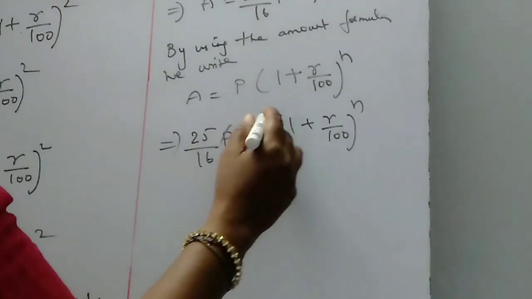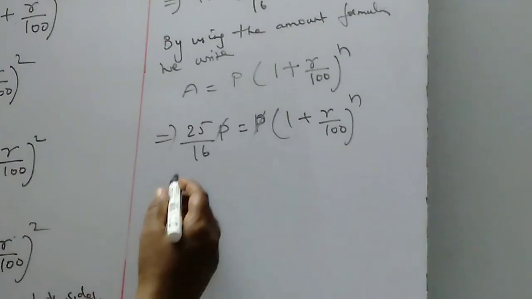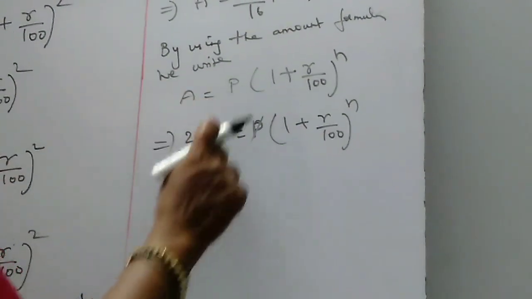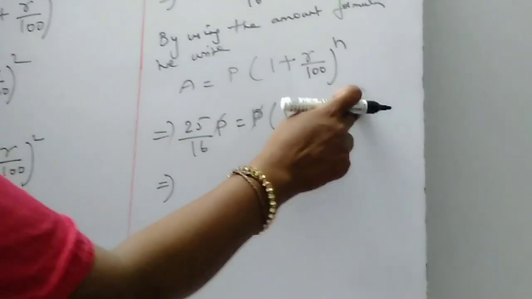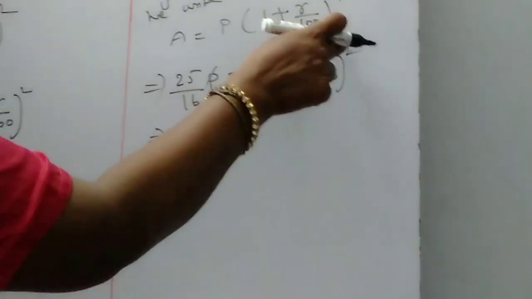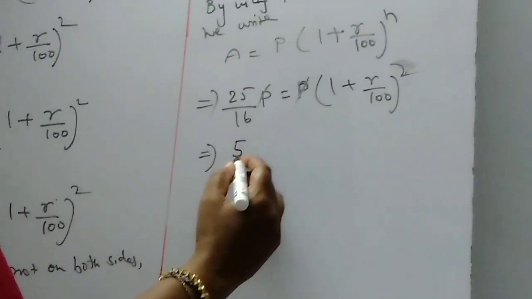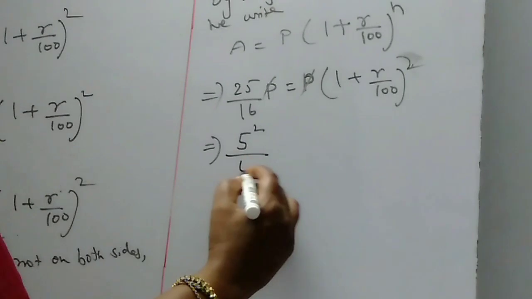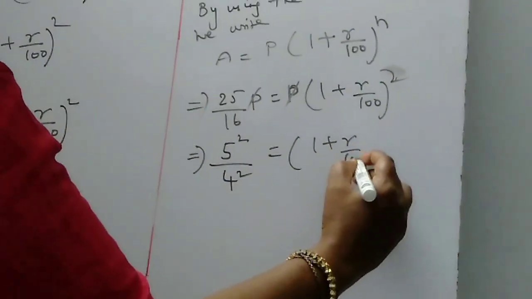Both sides P are in multiplication form, so we can cancel them. Here the power is 2, so we want to check whether this is a square number. If it is 3, we want to check whether it is a cube number. Yes, of course, this is a square number: 5 square by 4 square equals 1 plus r by 100 the whole square.